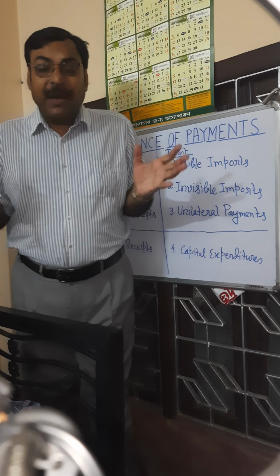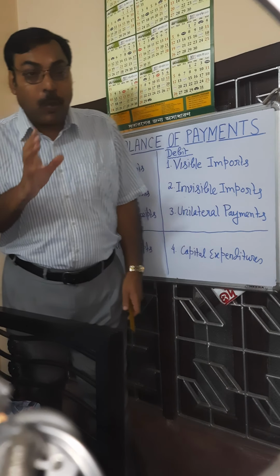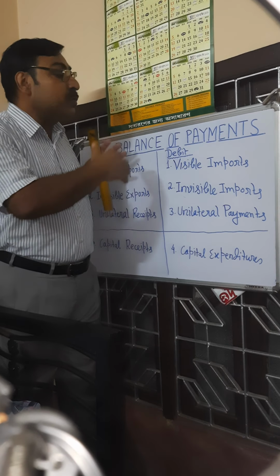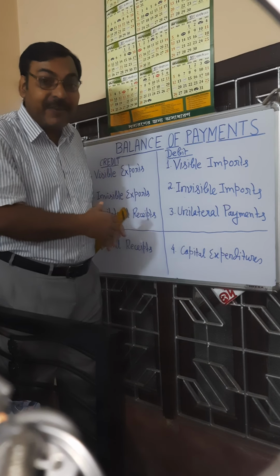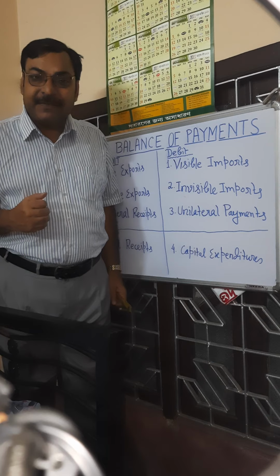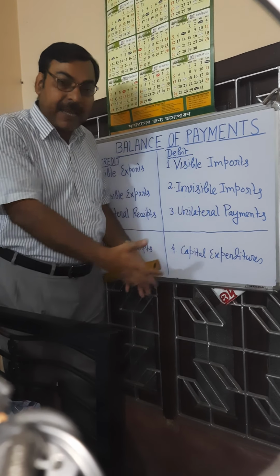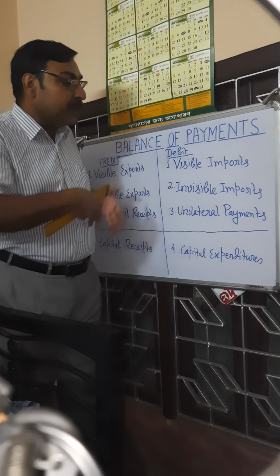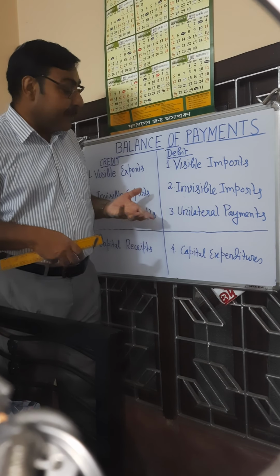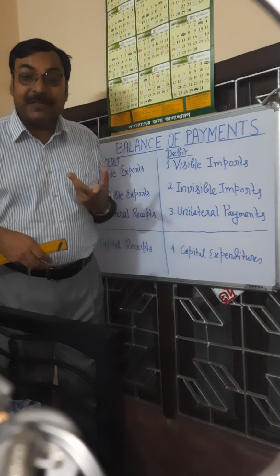When we make this systematic record, systematic means all items are divided into different heads and subheadings according to their nature and characteristics. There is the credit side of the items, there is the debit side of the items, and the items may be visible items, invisible items, or capital transfers.